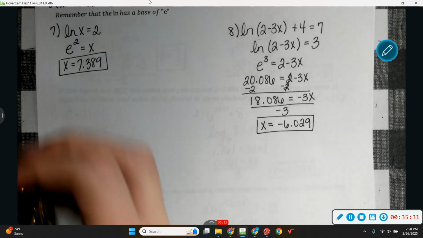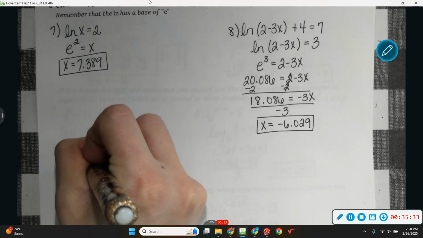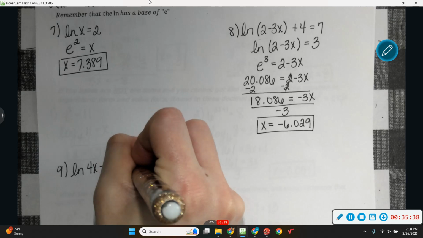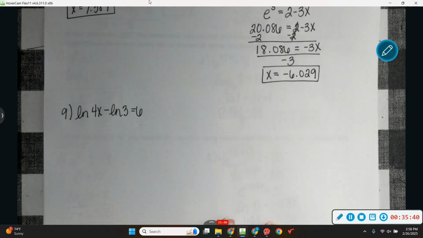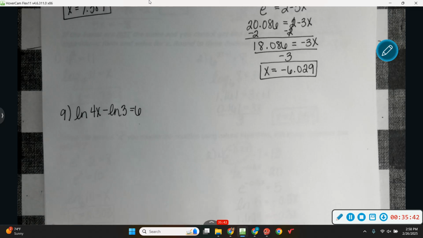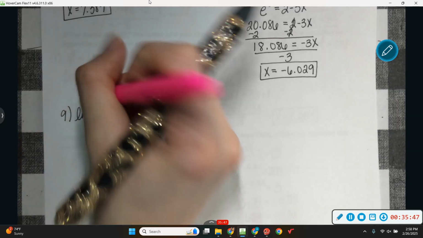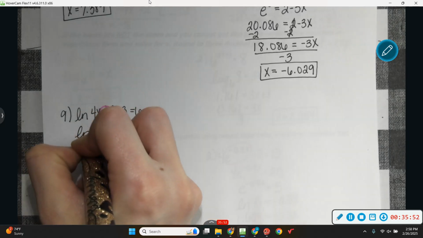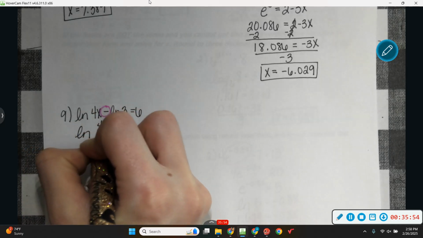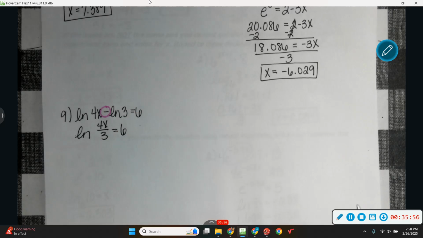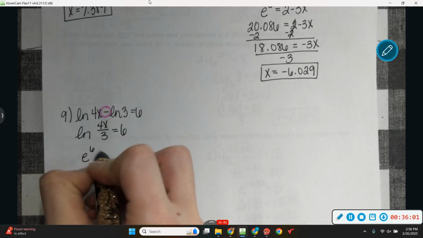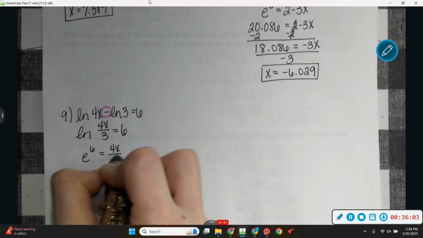Okay, so our next example, we have natural log of 4x minus natural log of 3 equals 6. I have two natural logs, so remember you have to condense. If I'm condensing and I have a minus, that means I am dividing, so I'm going to create a fraction. Natural log of 4x over 3 is equal to 6. So when I rewrite it, I have e to the 6th power equals 4x over 3.